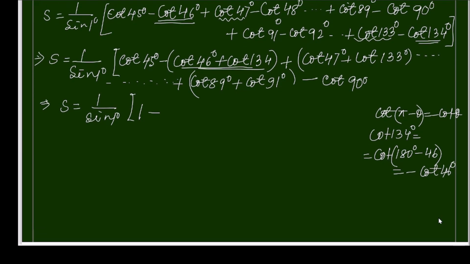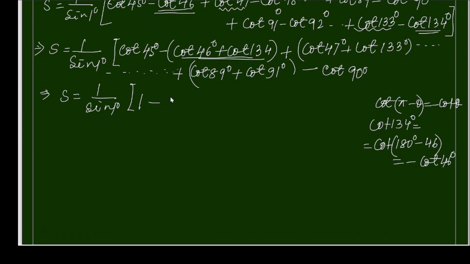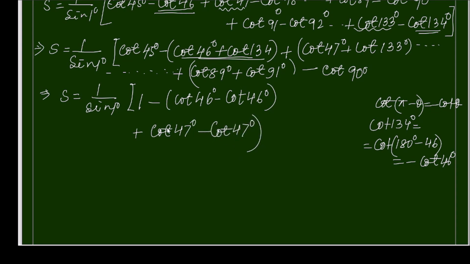So it will be cot 46 minus cot 46, which becomes 0. The next term will be cot 47 minus cot 47, which becomes 0, and so on.